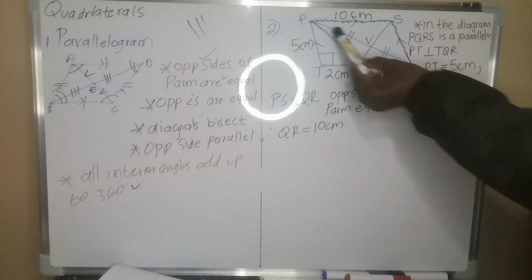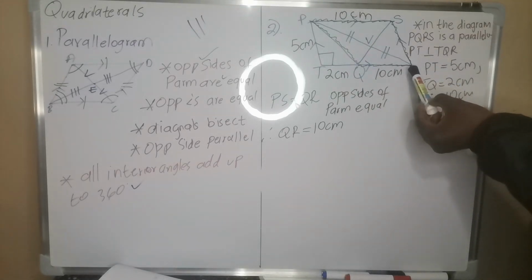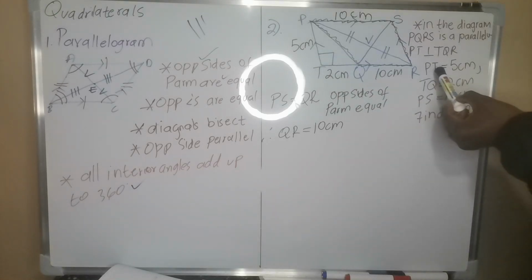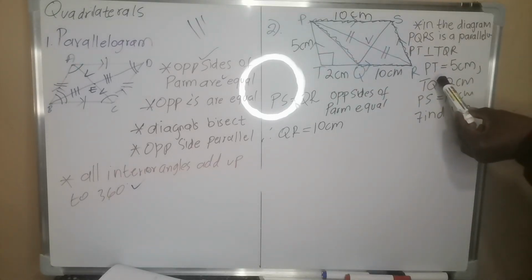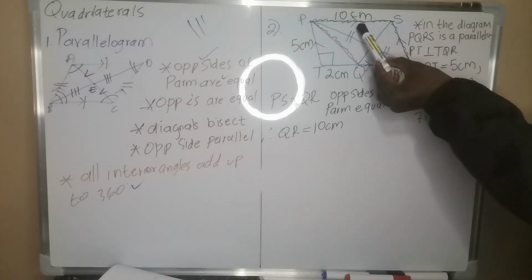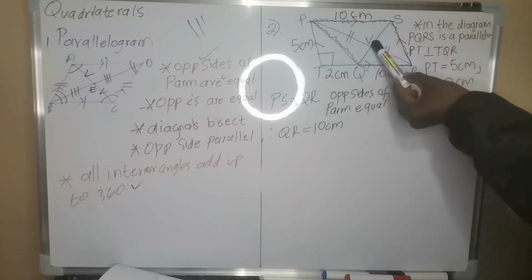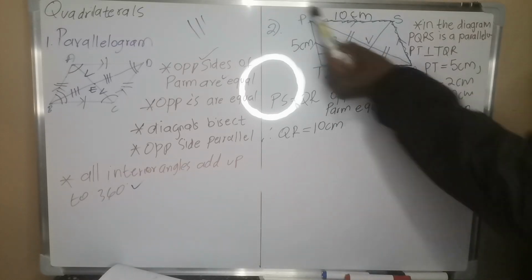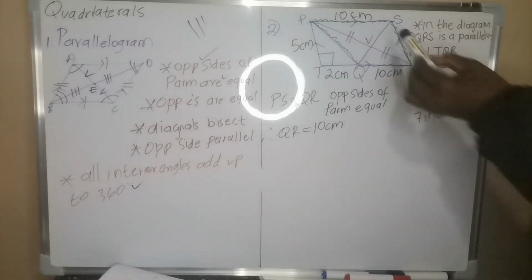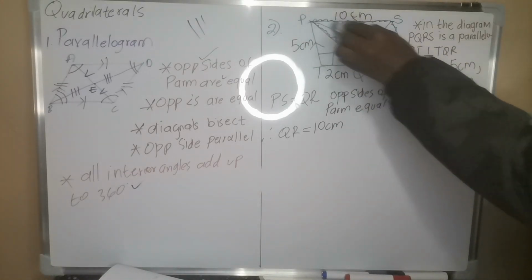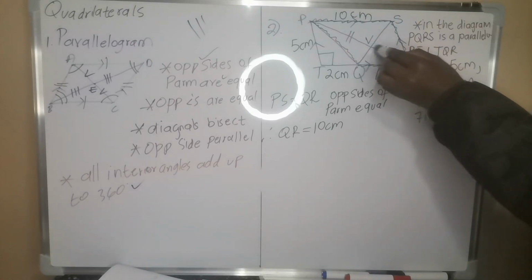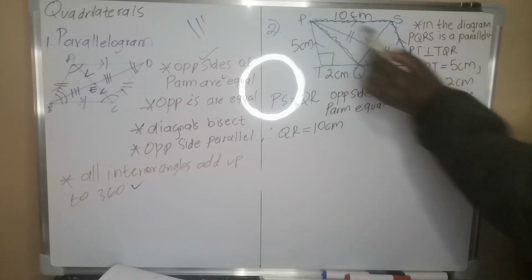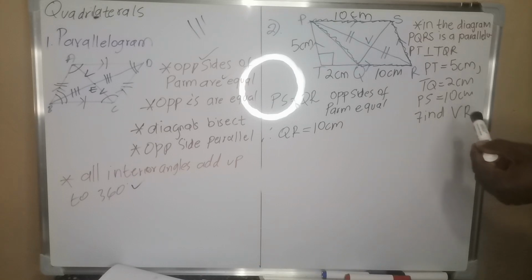That means PV and VR share the length of the whole segment PR. The length of PV plus the length of VR equals the length of PR.